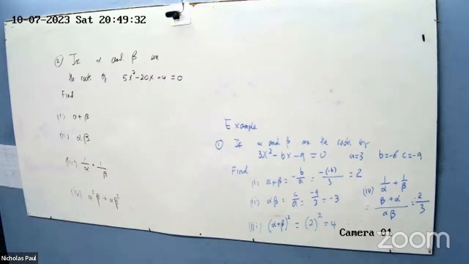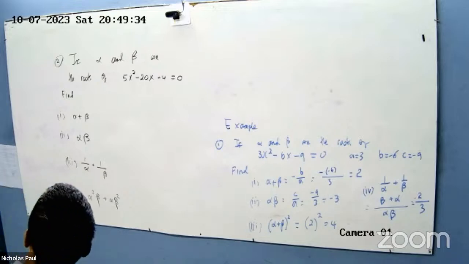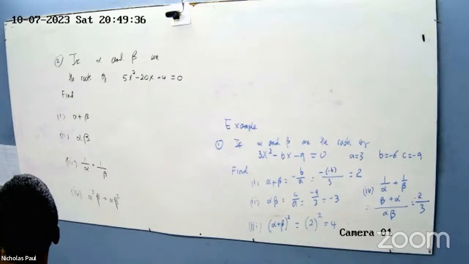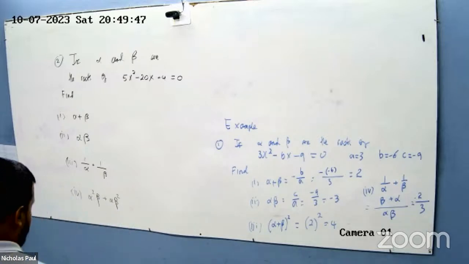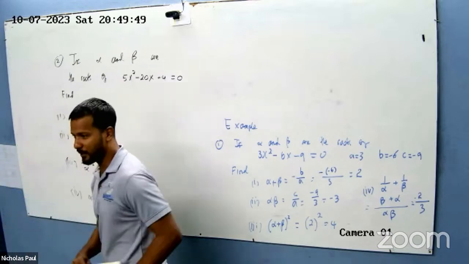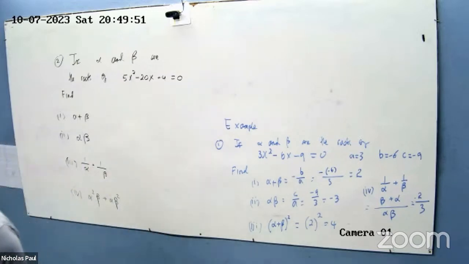Oh, C is 4. Wait, why did I write 4? I was supposed to write 5.